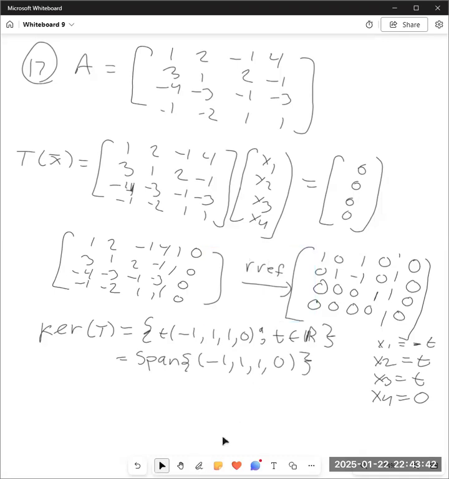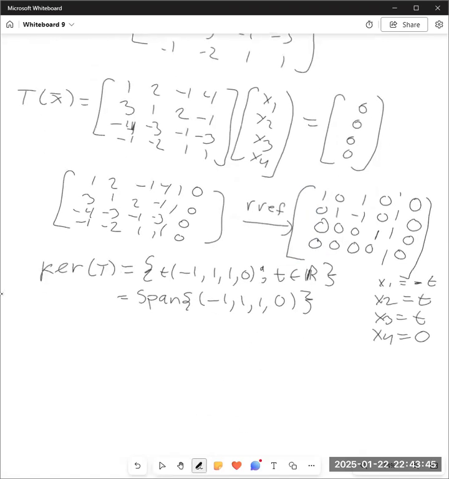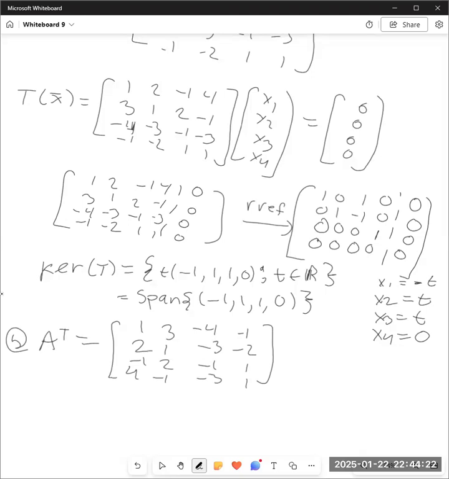Now to find the range for part B, I'm going to take the transpose of A, which is [1, 3, -4, -1; 2, 1, -3, -2; -1, 2, -1, 1; 4, -1, -3, 1]. There's really no need to augment this.